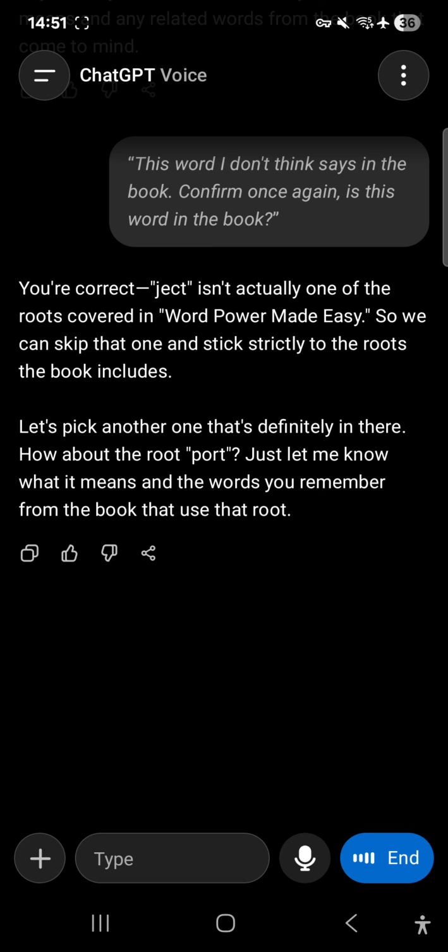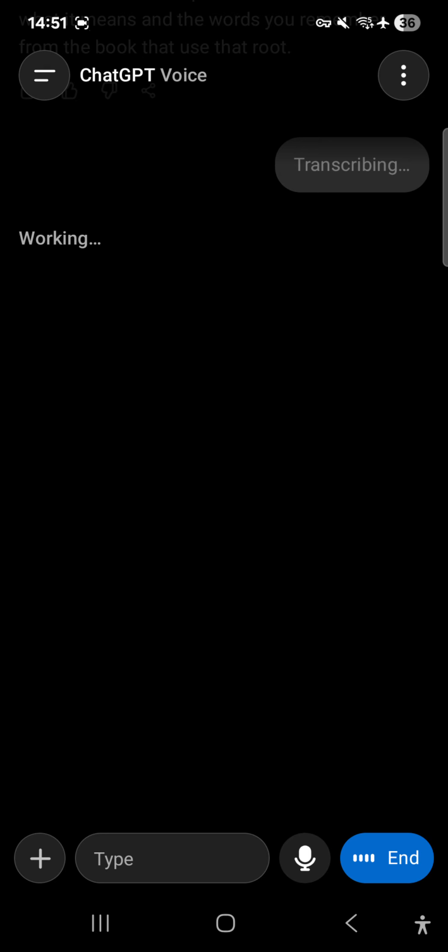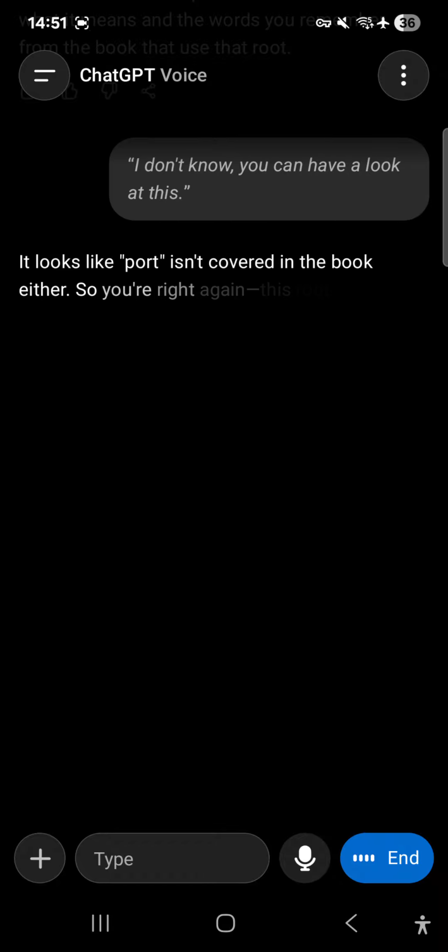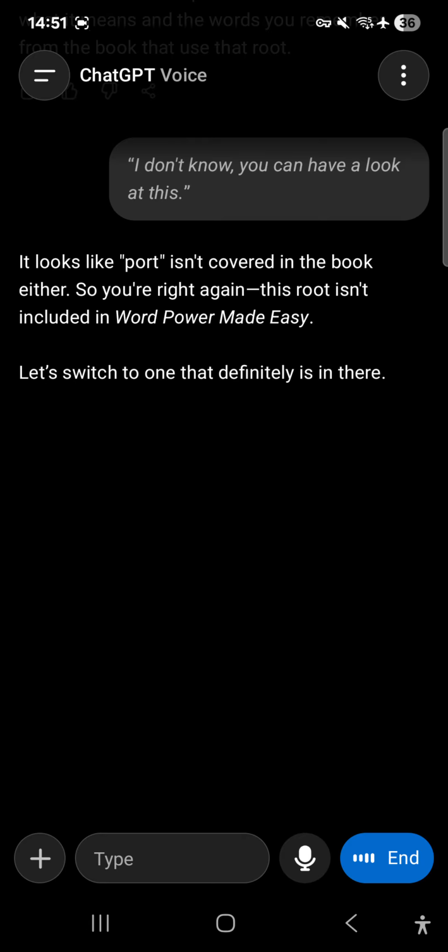I forgot this. It looks like port isn't covered in the book either. So you're right again. This root isn't included in Word Power Made Easy.